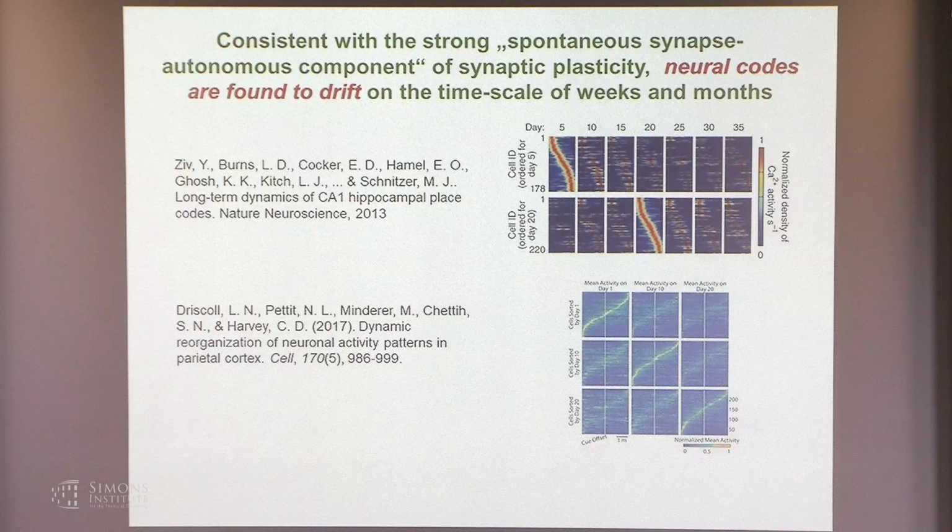So apparently these place cells are shifting. They argue you can still extract some invariant knowledge, but the place code, they argue, is something which is drifting. And more recently, this paper from the Harvey lab appeared. This is in posterior parietal cortex of mice, and they have also an assembly sequence encoding a learned two-forced-choice behavior. And they also argue that on the time scale of 10 days, this neural code changes quite a bit.